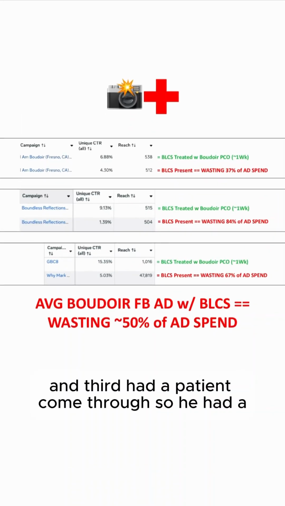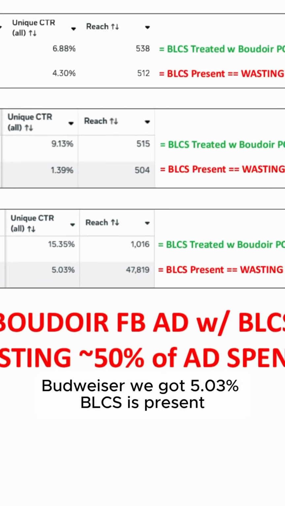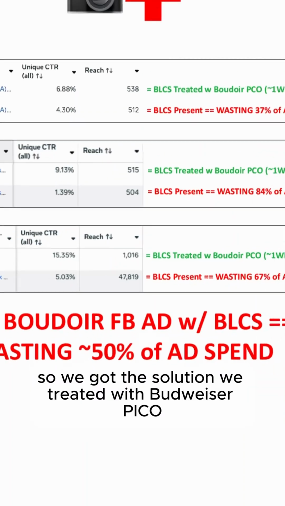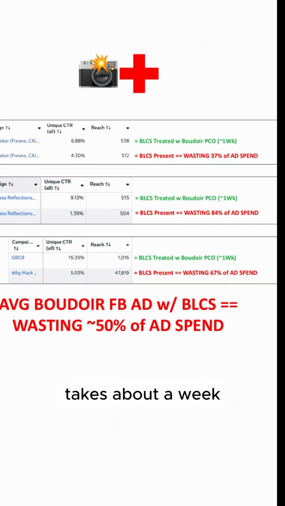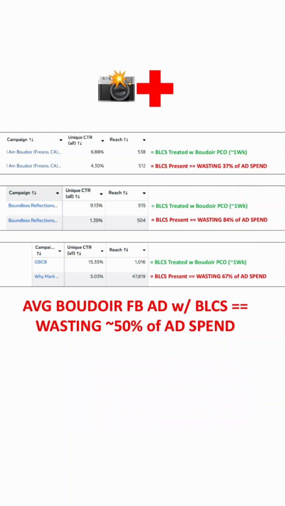And third, had a patient come through, so he had a Boudoir Facebook ad with a 5.03% unique CTR. BLCS is present, unique CTR under 6%, Boudoir low click syndrome. So we got the solution, we treated with Boudoir Pico, takes about a week, and we discovered he was wasting about 67% of ad spend on that original ad.